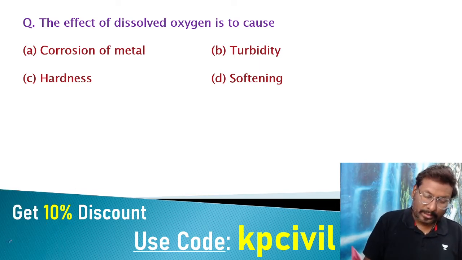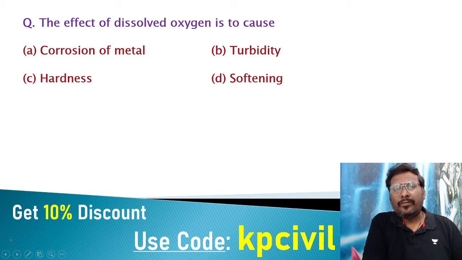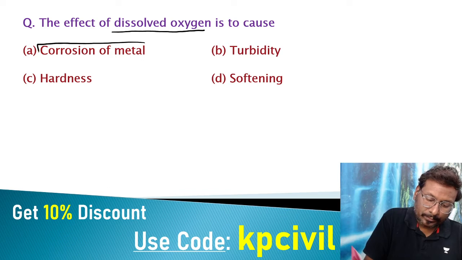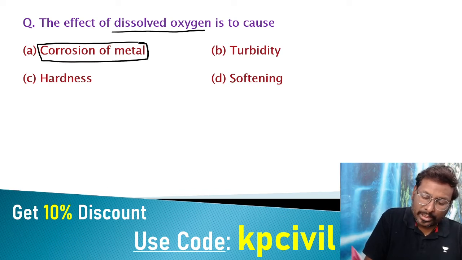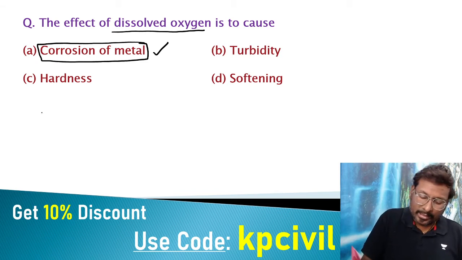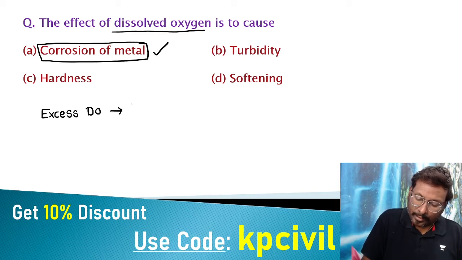So the first question, the effect of dissolved oxygen is to cause corrosion of metal. So effect of dissolved oxygen, generally excess DO in water causes metallic corrosion.